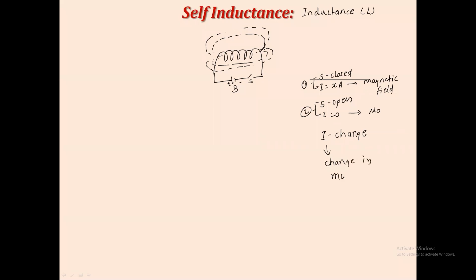This change in magnetic field also links with the coil itself. So according to Faraday's law, when a change in magnetic field links with the coil, an EMF is induced in that coil, and in this case we call it a self-induced EMF.